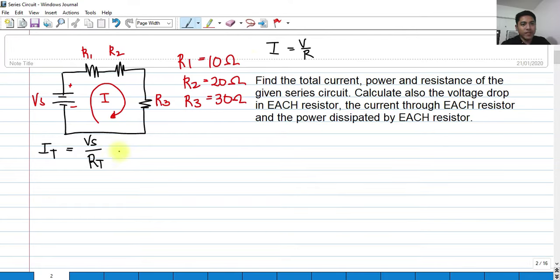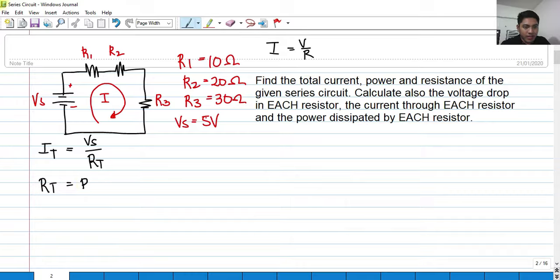Let's say V sub S is equal to 5 volts. That's the total supply voltage. We know V sub S, but we don't know the total resistance. So first, we need to get the total resistance of this circuit.